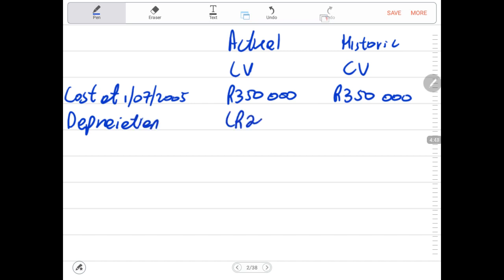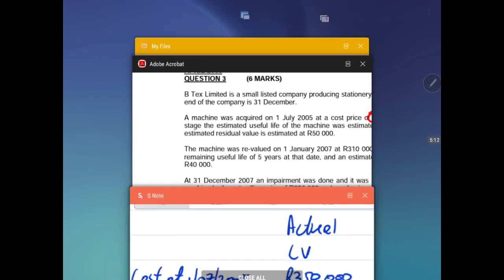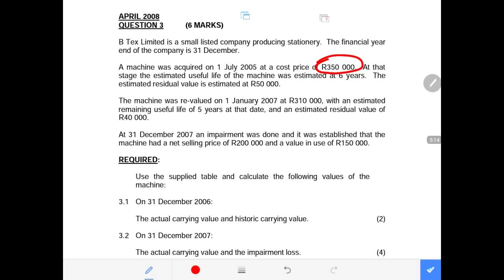Depreciation, we know that it is 25,000 rands here. Then obviously here it is also 25,000 rands. Now we don't calculate the balance after this unless there was a change in estimate. In this case there was no change in estimate, but let us read what we are provided.